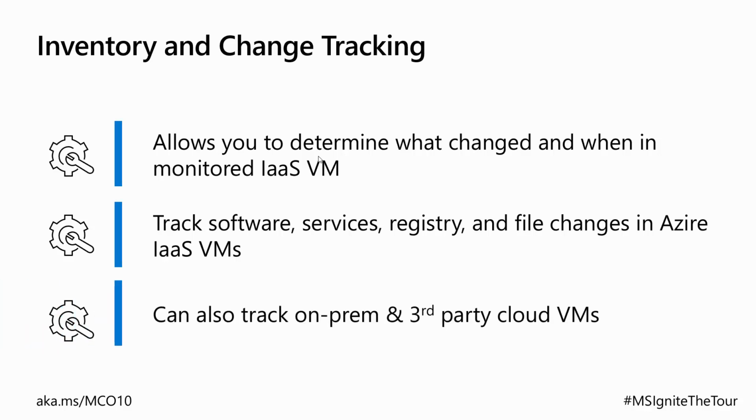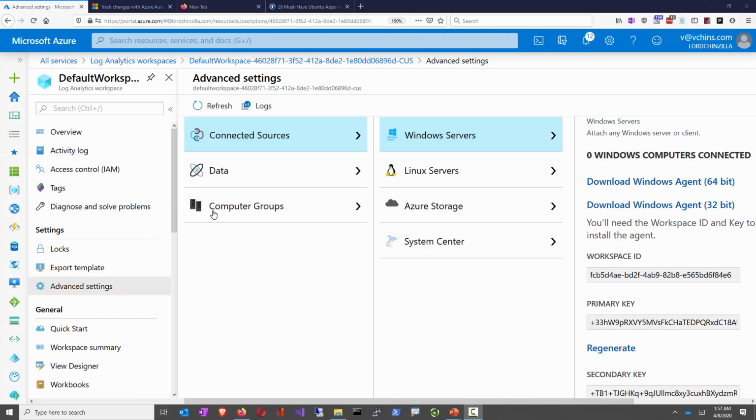Now for machines that are running outside of Azure, you can install an agent through the Log Analytics Advanced section. To enroll machines outside of the Azure environment to be monitored by change tracking and inventory, you will want to navigate to the Log Analytics workspace and head over to Advanced Settings.